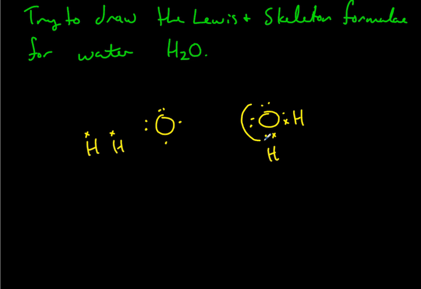And if we circle this, there's the 8 that oxygen needs to fill its shell. There's the 2 that each hydrogen needs. So there are bonding pairs and there are non-bonding pairs. So when we write it out, we get something that looks like that. If you wrote it in a straight line, that's fine. Okay?